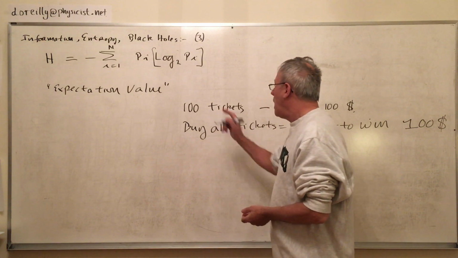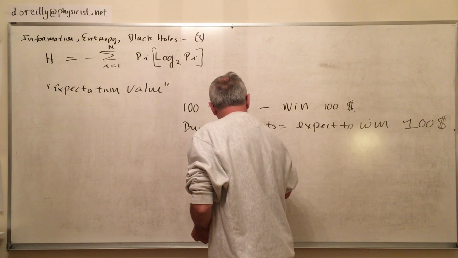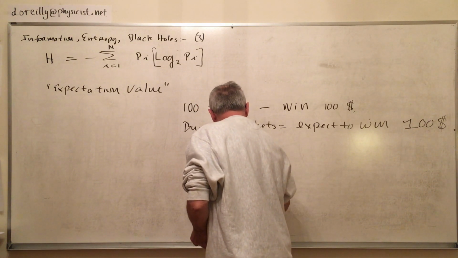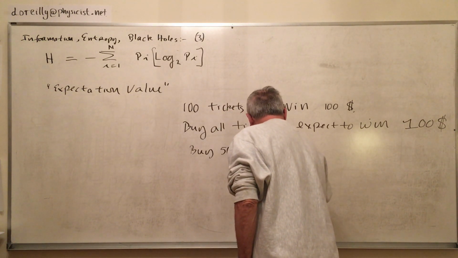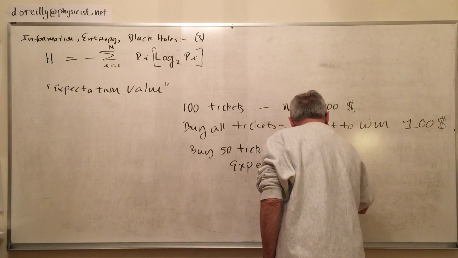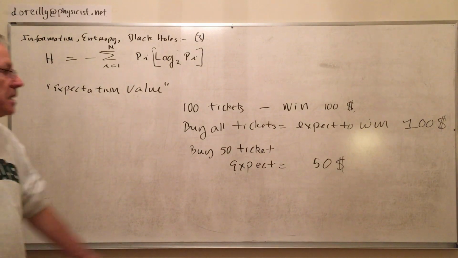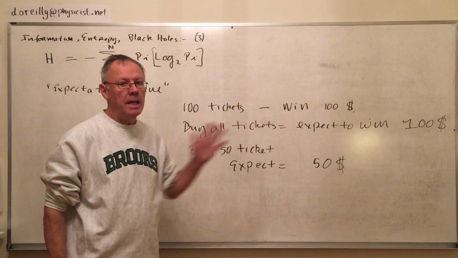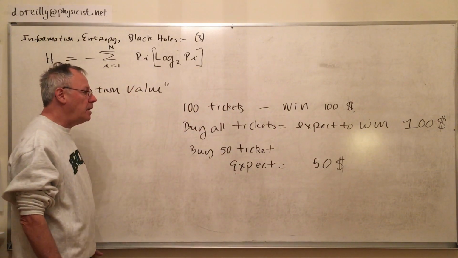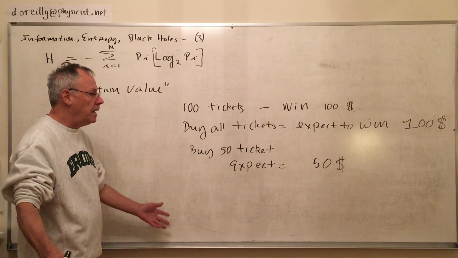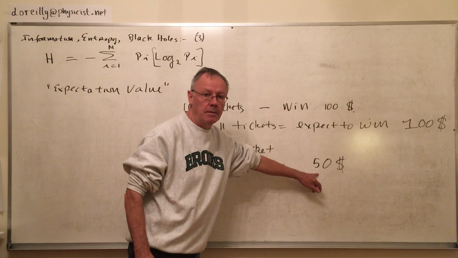Okay, so if I buy 1 ticket, I say 50 first. I expect to win $50, but you say, wait a minute, the prize is 100, you either get it or you don't. I'm saying if you do this many times, right? If I do this kind of process every hour for every day over a year, I will expect to win, on average, $50 per event, right?